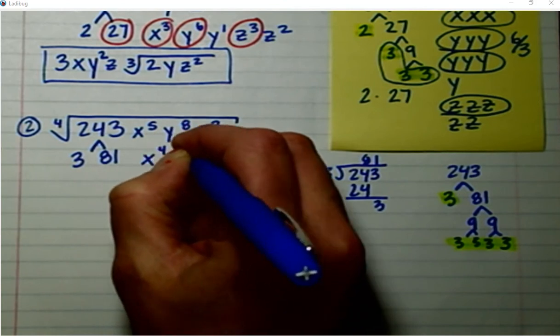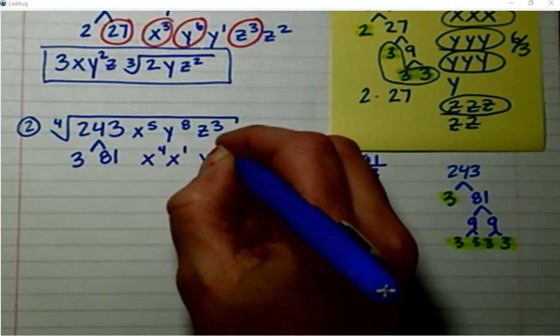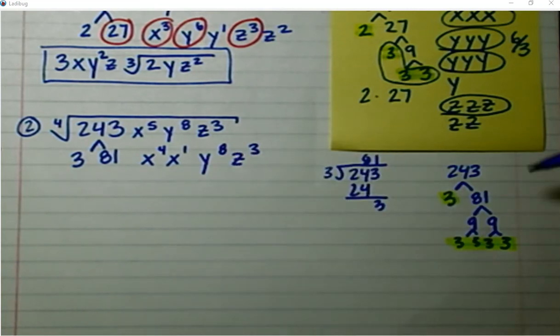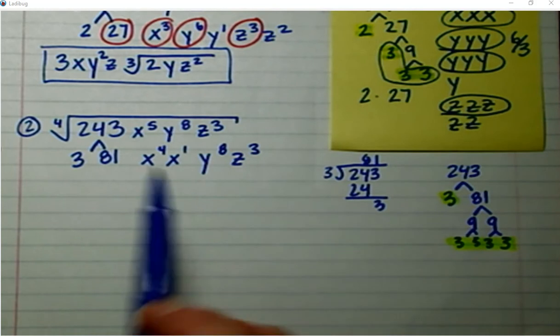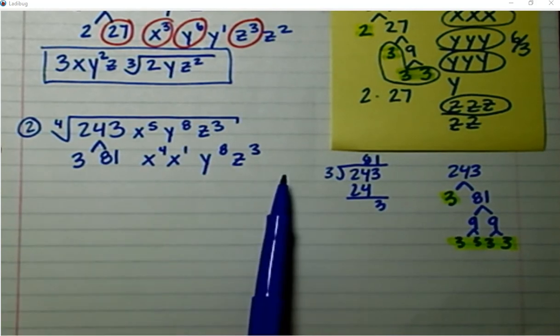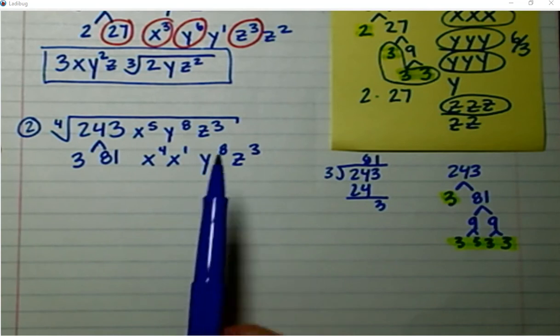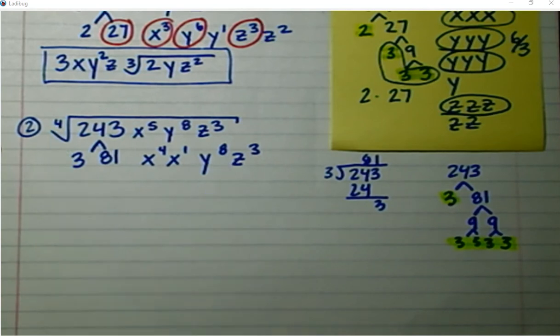Okay, x to the 4 and x to the 1, y to the 8, and z cubed. I'm not going to draw out my letters every time. I can do multiples of 4 in my head. Why is y to the 8 the one? Does 8 divide by 4? Yes.